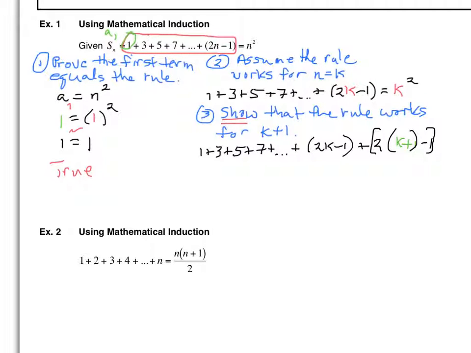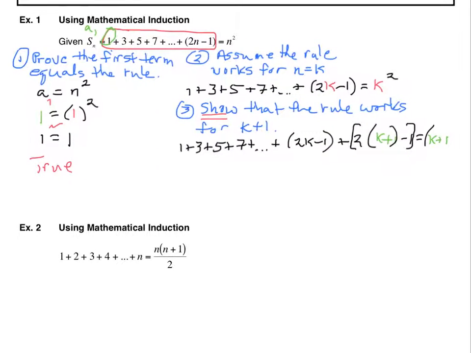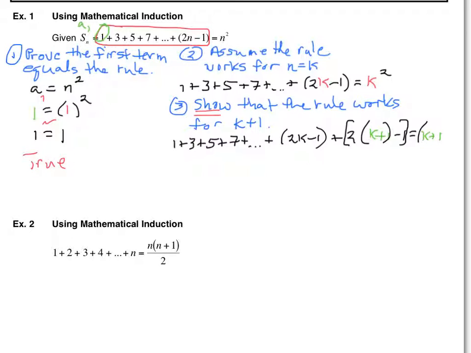And then that equals not k squared, but what? Well, k plus 1 squared. So on the right side, you are going to take that k and replace it, because we have to prove that it works for the next term. In fact, let me move this over. So here's the deal. This is exactly like the original, right? So I want you to highlight that.